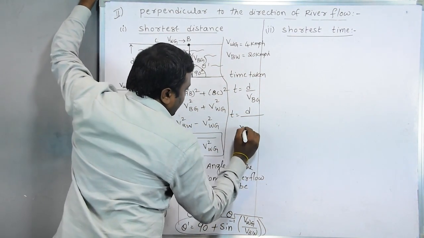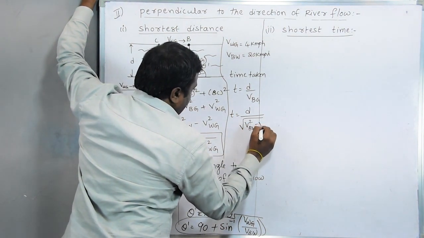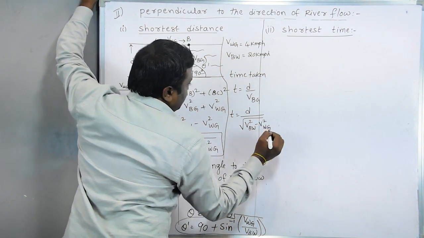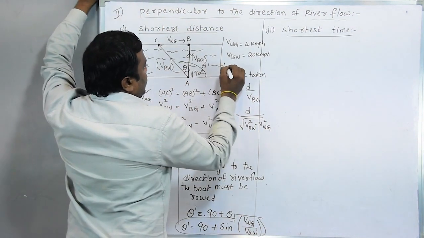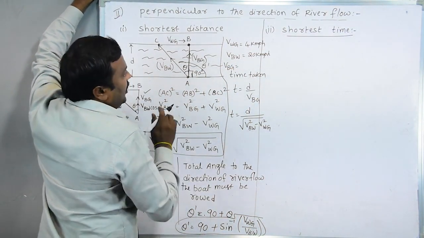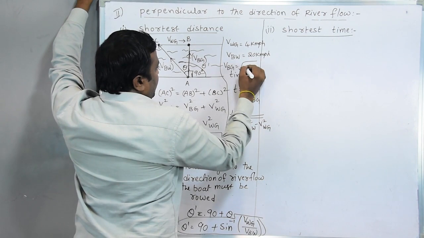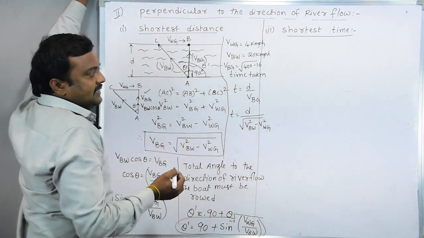How did we find this one? Root of V square BW minus V square WG. Got it? With respect to the given values, how can we find V_BG? Boat with respect to ground, square root of 20 square, 400, minus 4 square, 16.